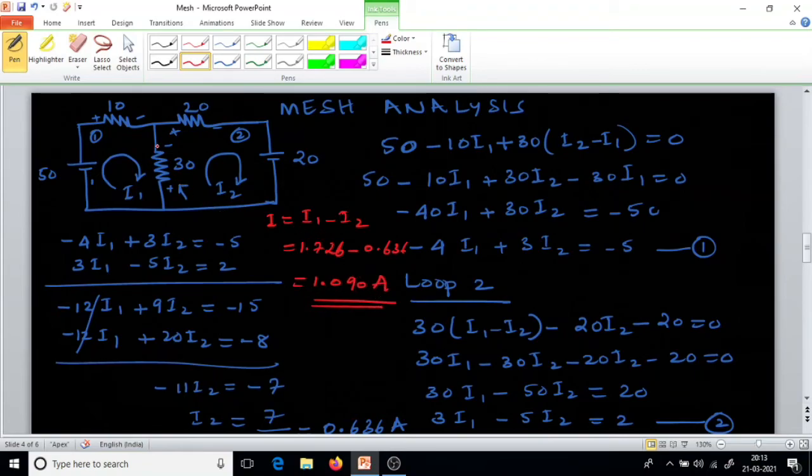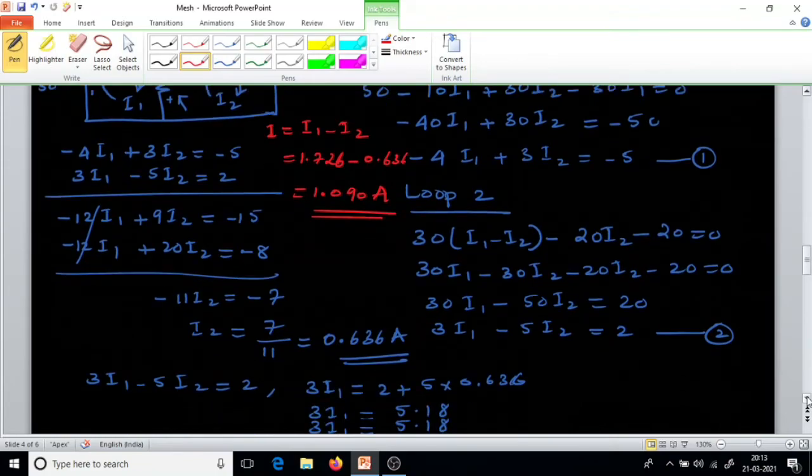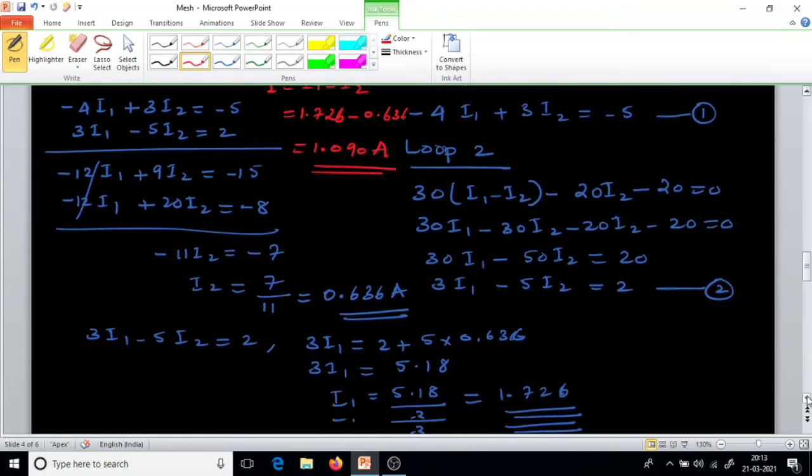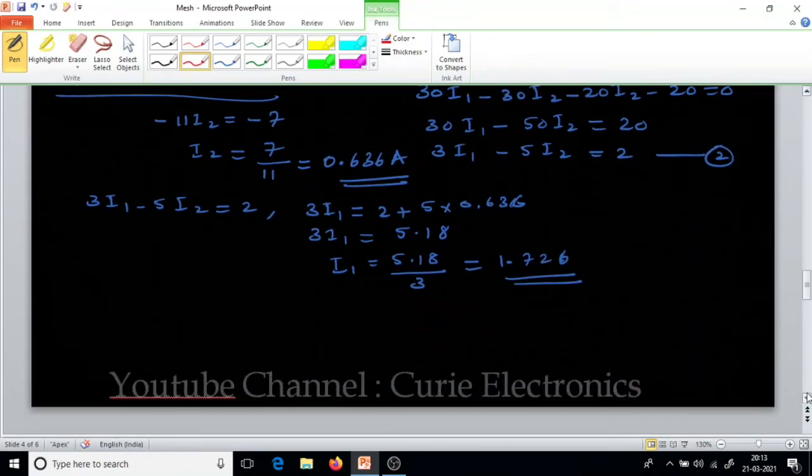So the 30 ohm current is flowing through the 30 ohm resistor like this. So we have done mesh analysis and the superposition theorem. Now we will try to find it using nodal analysis.